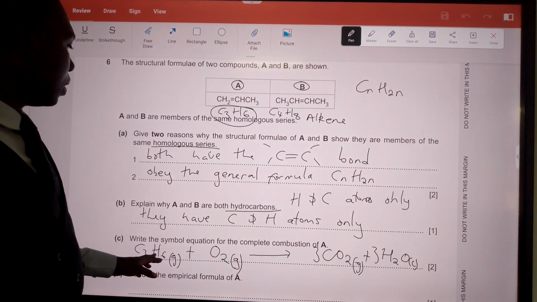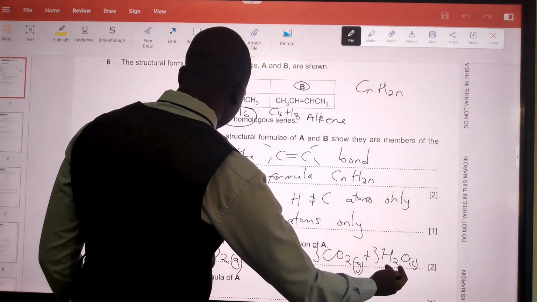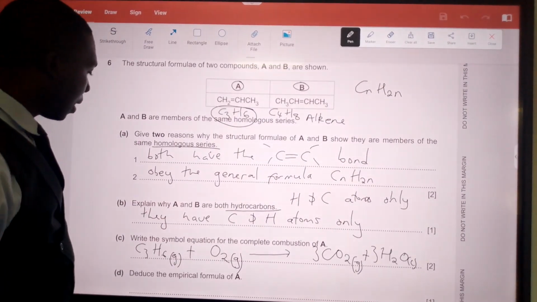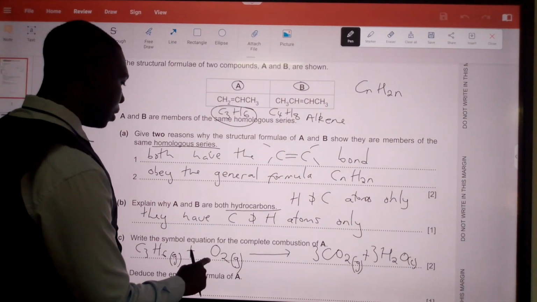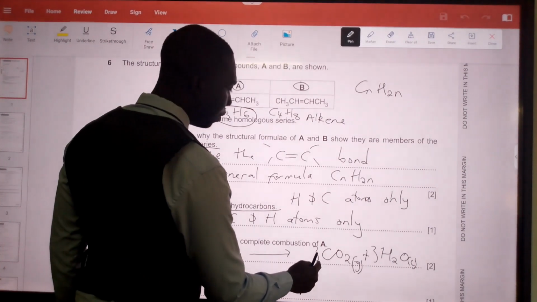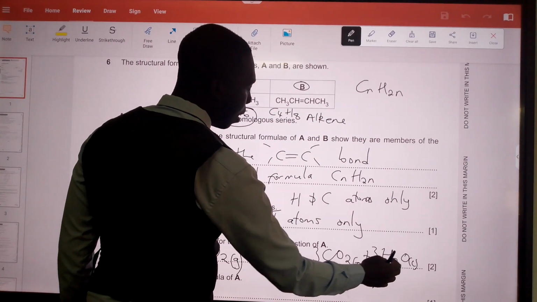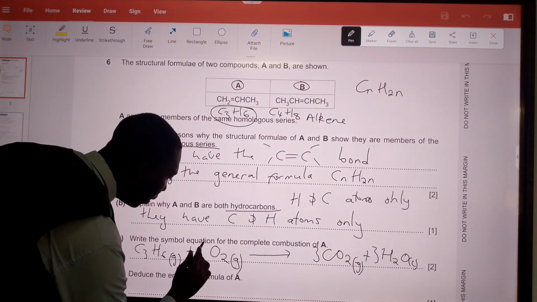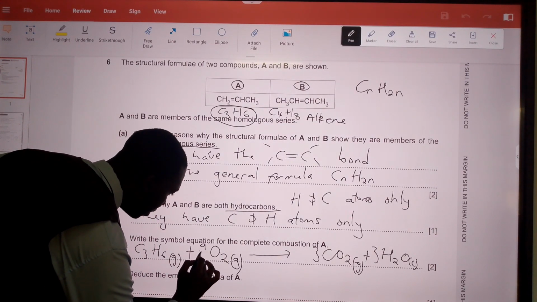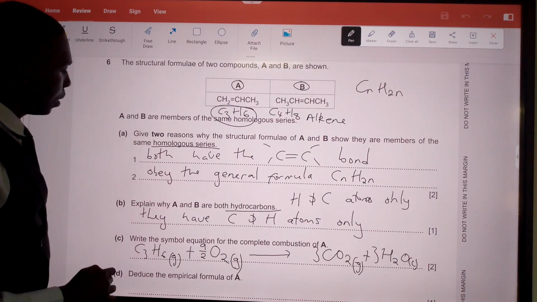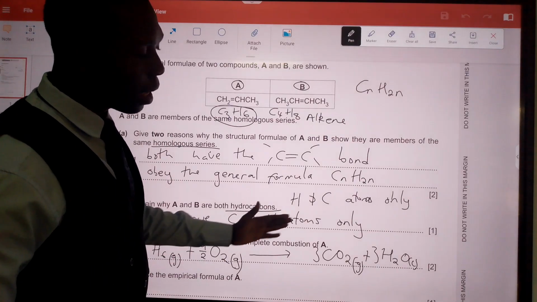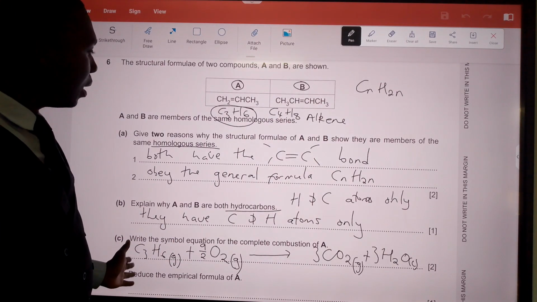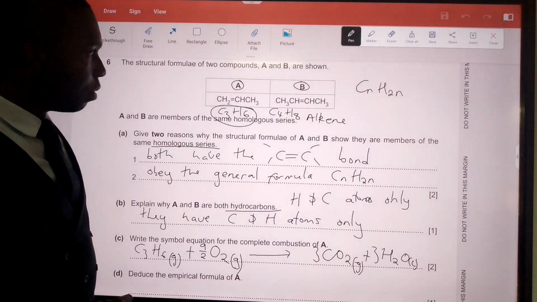Now we have 6 hydrogens this side, 6 hydrogens this side, and 3 carbons each side. What about the oxygens? This side we have 2, and the other side we have 3 times 2, which is 6, plus 3, which is 9. So in order to balance this, we can use a fraction and say this is 9 over 2, such that each and every atom is balanced. In balancing these equations, you have to check each and every atom individually.